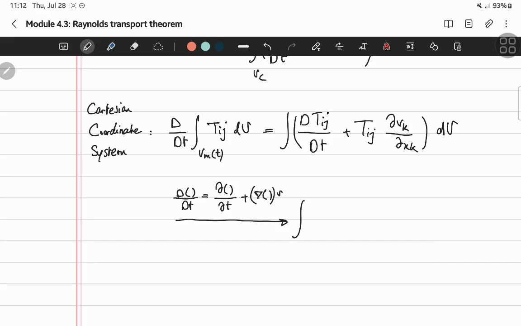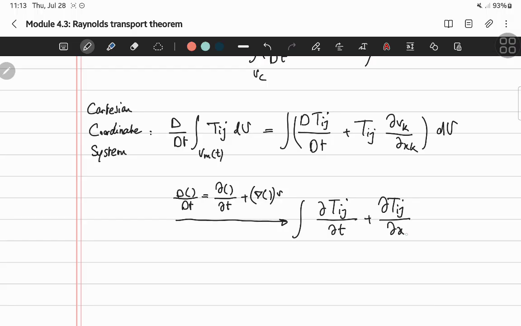So this material derivative is going to be the partial derivative of Tij with respect to t plus the gradient of T, which is going to be the partial derivative of Tij with respect to xk, times vk, because this is going to be a second order tensor.